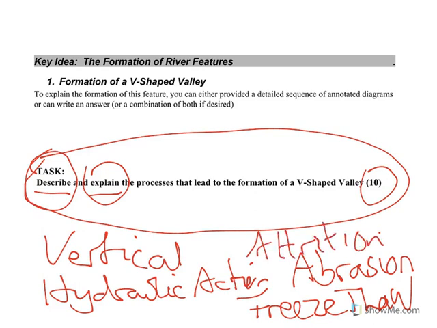These are all processes where the river or the surrounding conditions, like water freezing at night, which leads to freeze-thaw, lead to the creation of a V-shaped valley. And if you actually look, why are these processes so important? There in the question is processes. They want to know about how these processes are involved in creating the river.